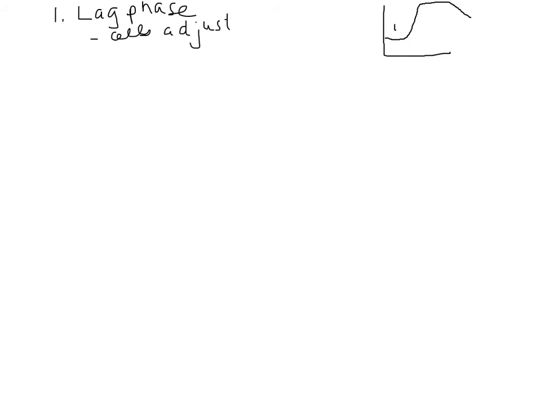All right, so here's our microbial growth curve. Starts off in lag phase, goes into exponential phase, hits stationary, and then death phase. Okay, let's start here. So 1 is lag phase. During this part, this is a time when cells adjust to the environment.